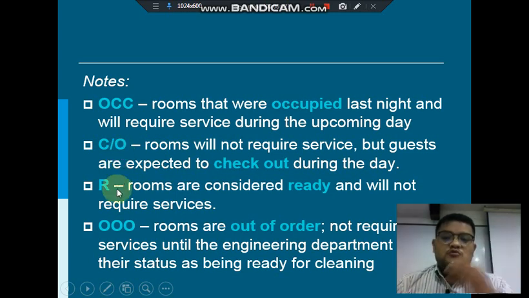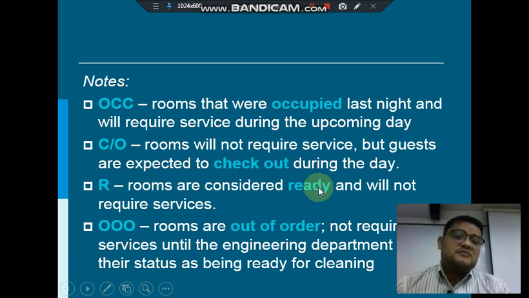Next, we will have rooms with the alphabet R code. So this status code R refers to rooms that are considered ready. Ready means ready for sale, and also number 2, ready to be checked in. So ready rooms are clean, maybe cleaned last night because some guests checked out late.